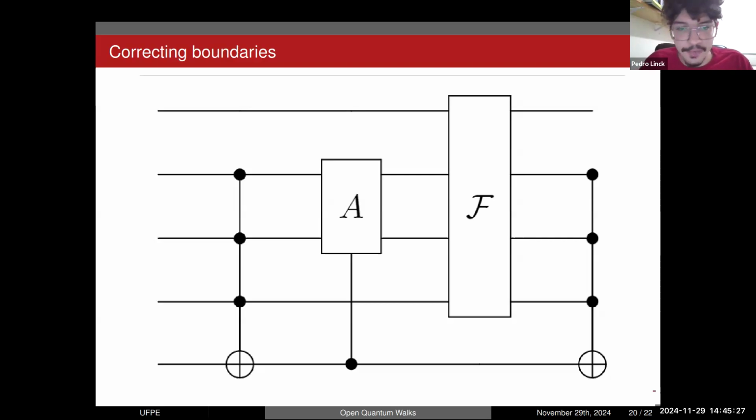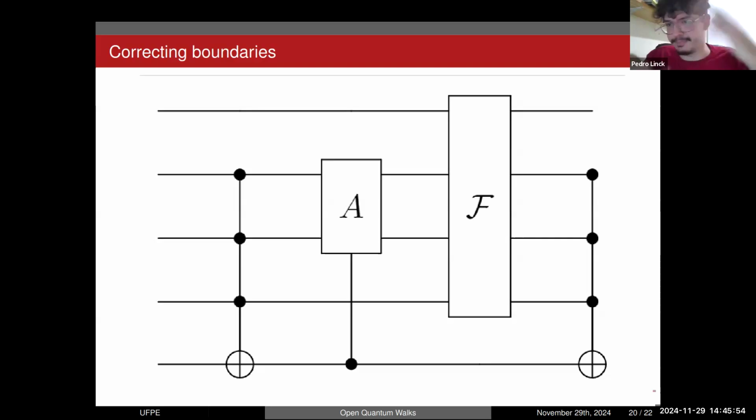So, for example, if you are trying to move to the right, and you are on the right boundary, you are going to activate this last ancilla qubit. It flips state from 0 to 1. Now it is activated, and when it is activated, it applies the antecessor unitary to our graph. And then you do what you need to do.